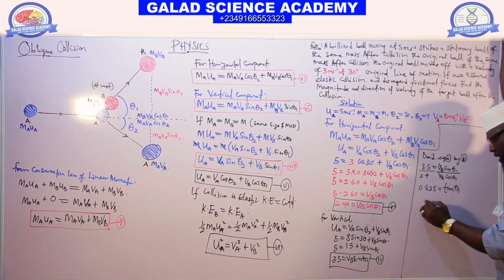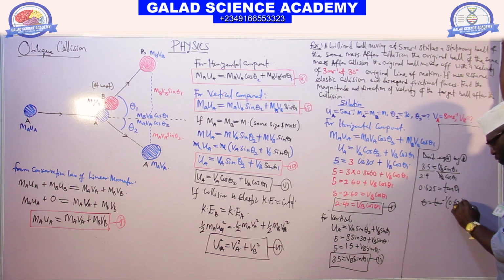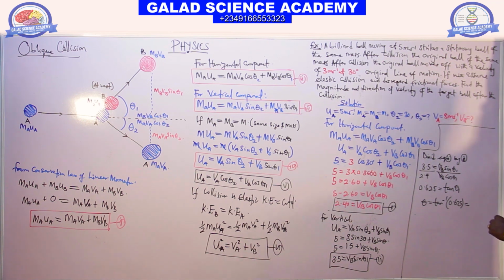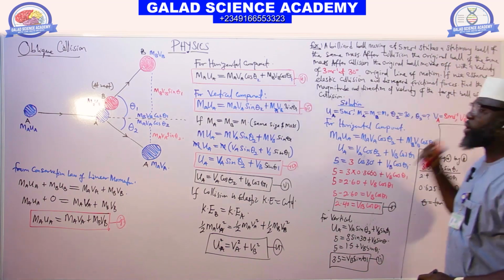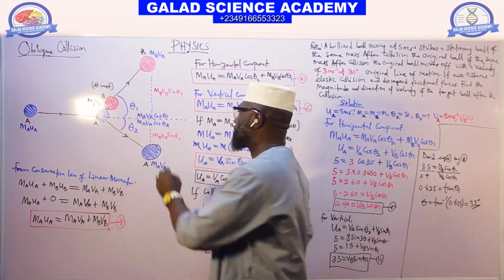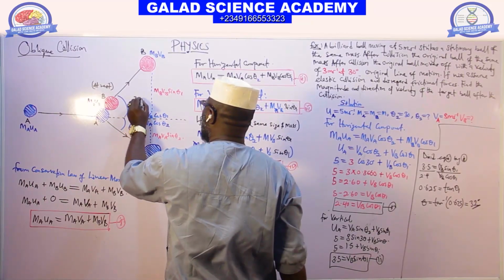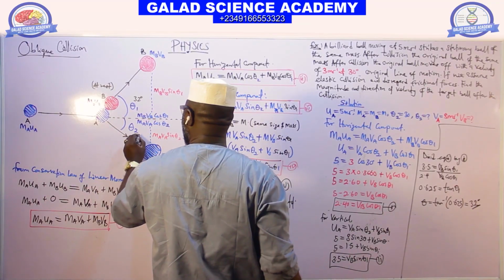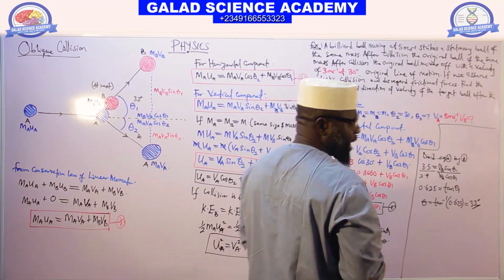So theta is arc tan of 0.625. If you press your calculator, it will give you 32 degrees. So the second angle here will be 32 degrees, where the first angle is 30.